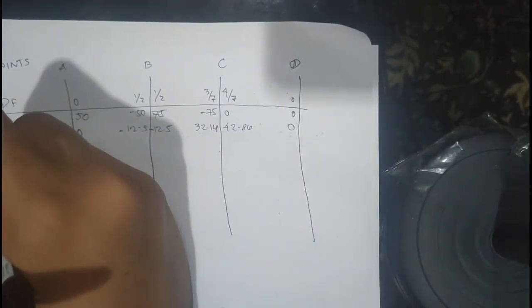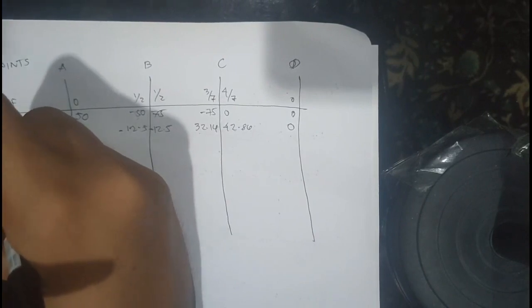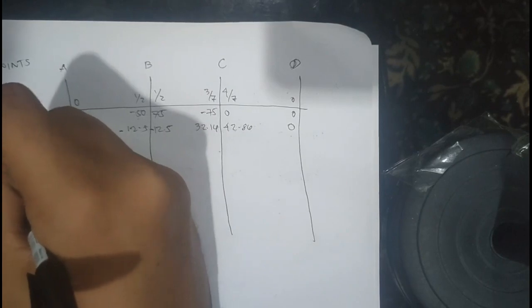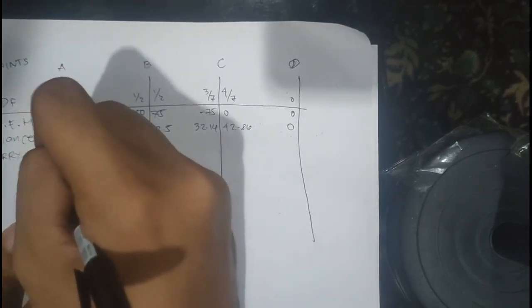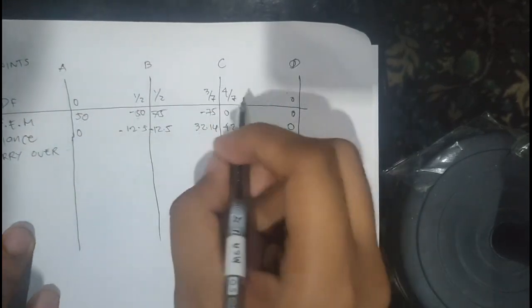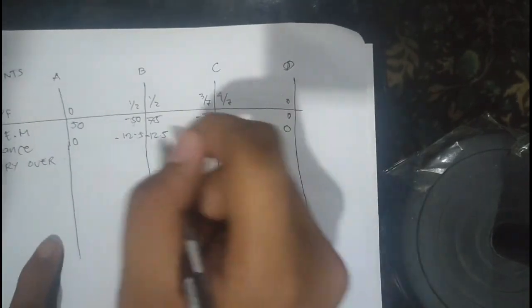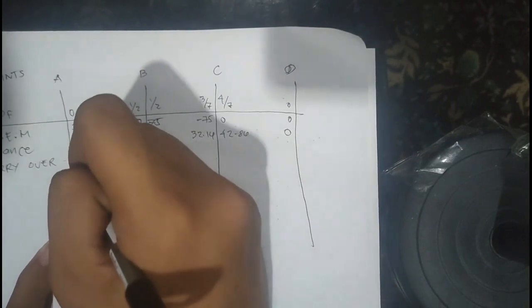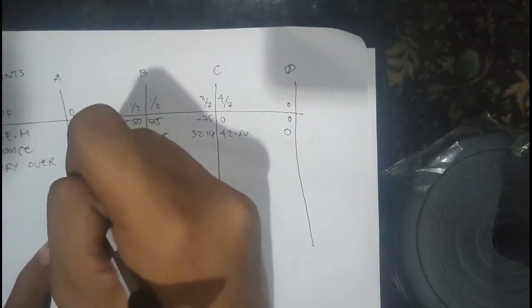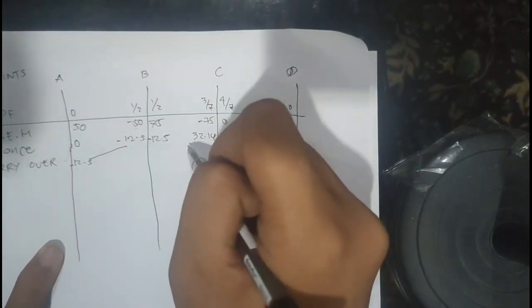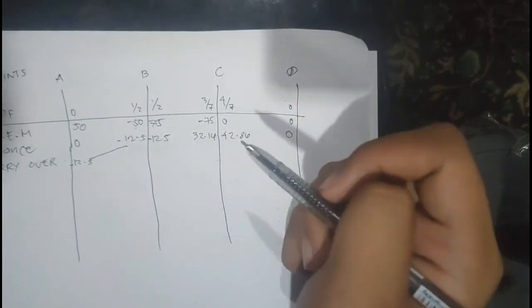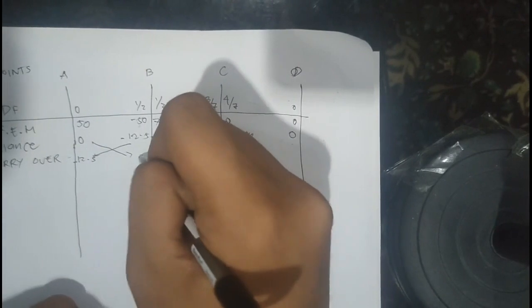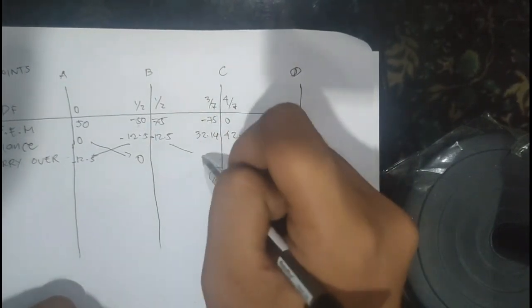Next thing to do is carry over moment. Carry over: 12.5 negative. 0 sa pikas pod.